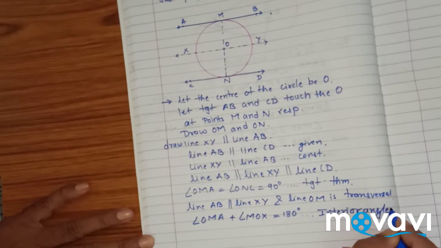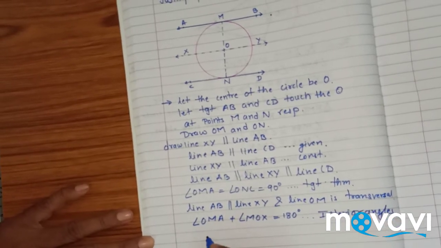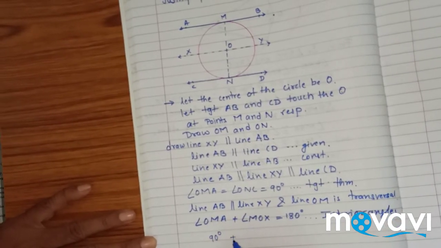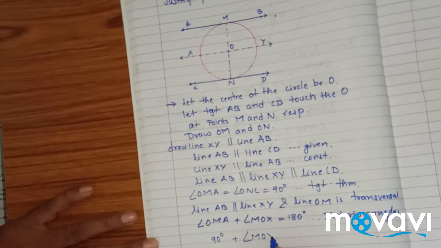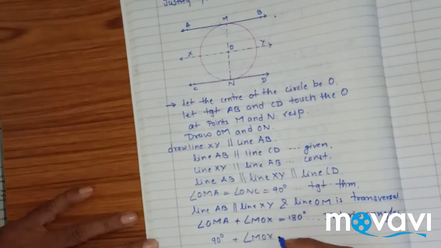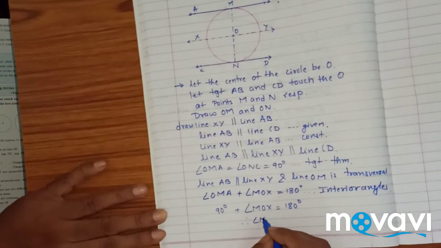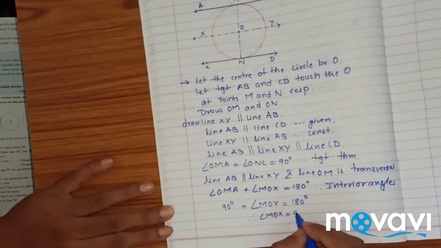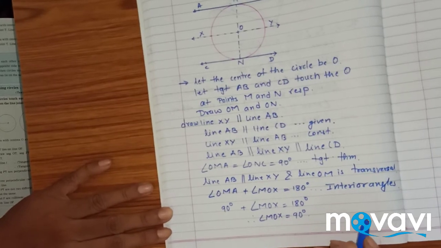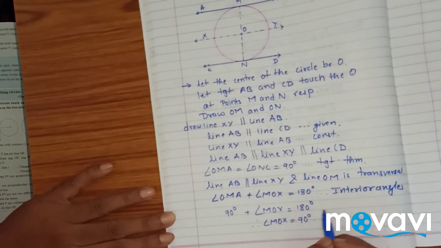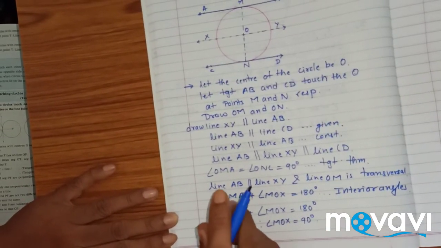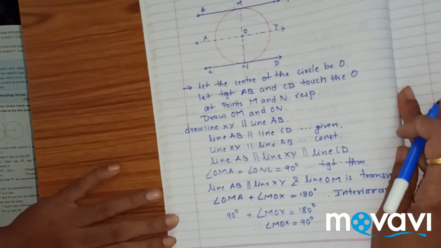One we know, this is 90 degree. The other we don't know, that is MOX, so 90 plus MOX is equal to 180 degree. So what is the conclusion? That MOX is also 90 degree. 180 minus 90 gives you 90 degree. Let us see the next one.